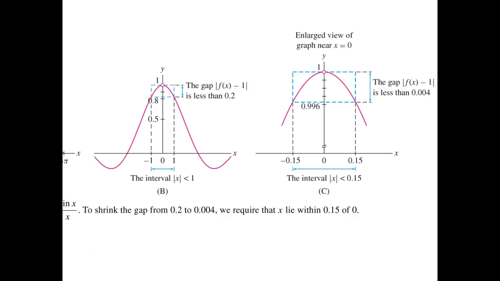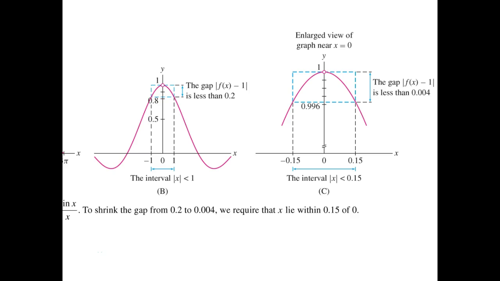If you chose 0.2 was close enough, yeah, you got there in a few steps. If you said 0.004, I want to get within that, then just keep cutting this down until you're within that. In other words, reduce the size of the difference between x and 0 to 0.15, and you get within 0.006.